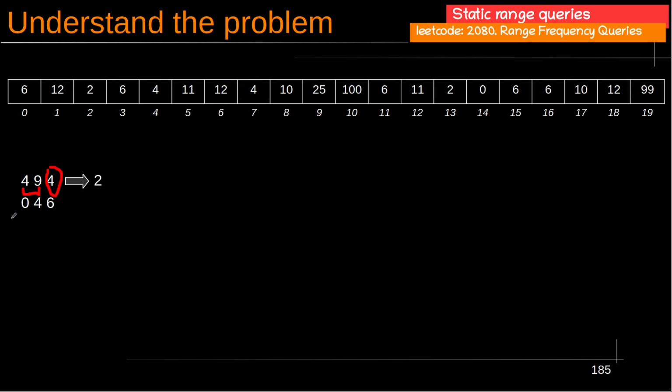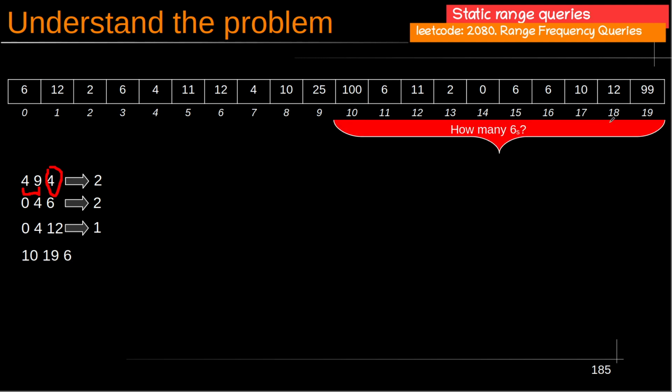From 0 to 4, how many 6s? 2. From 0 to 4, how many 12s? Just 1. From 10 to 19, how many 6s? This one, and this one, and so we have three 6s.